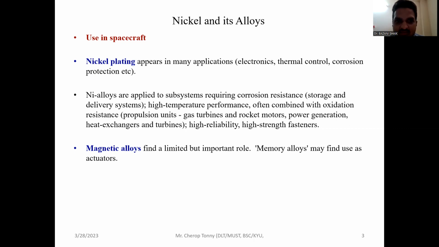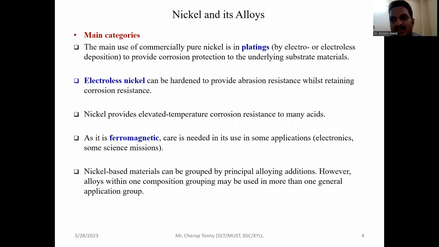Coming to magnetic alloys, they find a limited but important role, and memory alloys may find use as actuators. Nickel and its alloys take a major role, with main categories showing how the material is useful. Commercially pure nickel is used for plating by electro or electroless deposition, which provides corrosion protection to the underlying substrate materials.